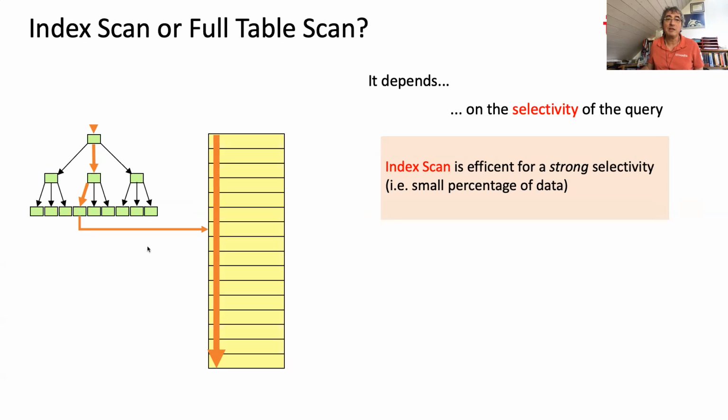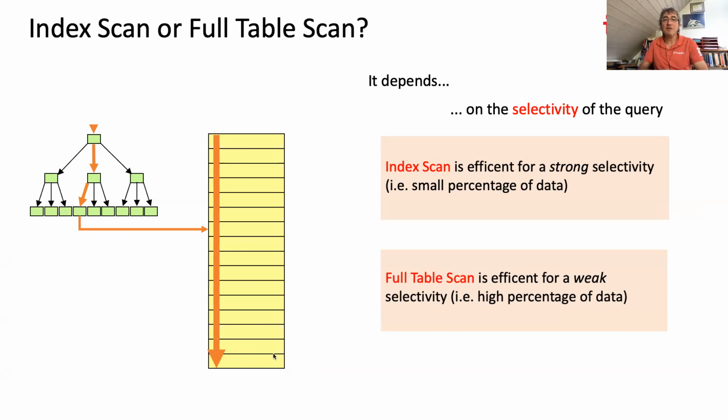You find the row ID, and with the row ID, Oracle can access the corresponding table blocks directly. And the full table scan is just a sequential read of all the blocks in the table. This is useful for a weak selectivity, or a high percentage of rows of the table that are returned. In this case, a full table scan is better.